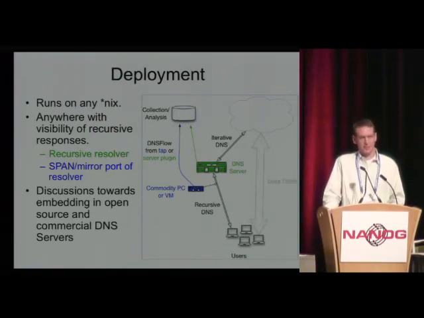You could do it on a recursive resolver itself, and we have some ongoing discussions with some of the commercial DNS servers about implementing a plugin for those servers. Or if you have a span or mirror port that can grab this traffic and send it to a VM in your cloud or commodity PC, you could run the code there.